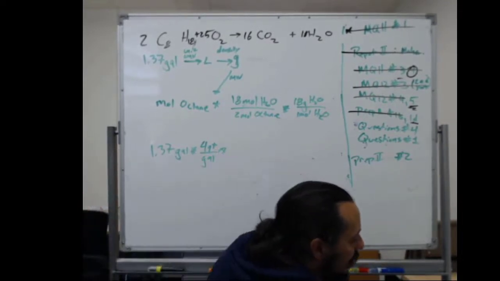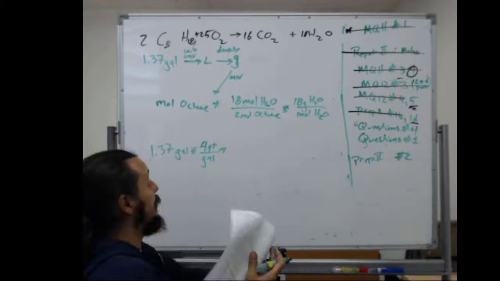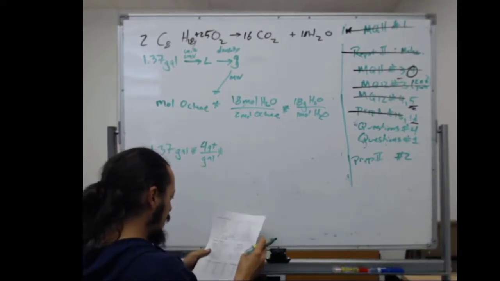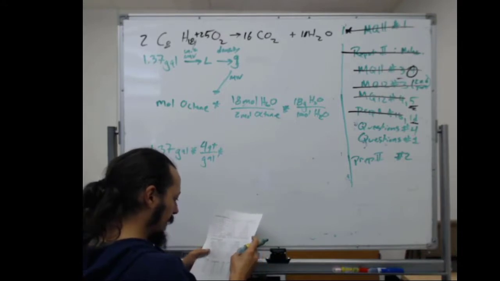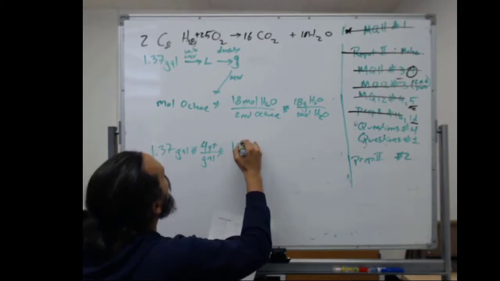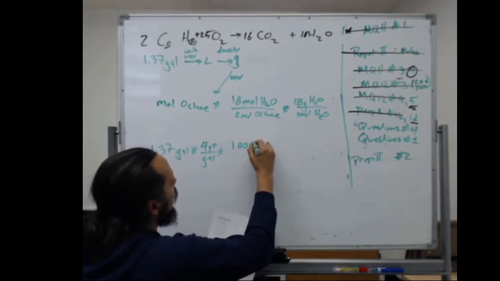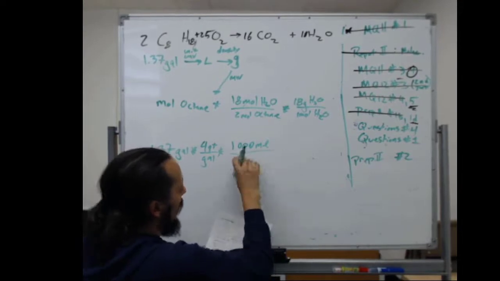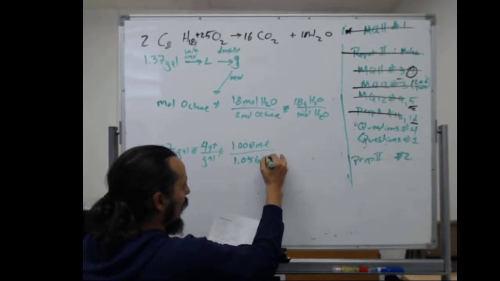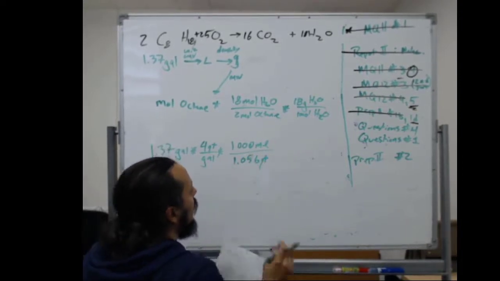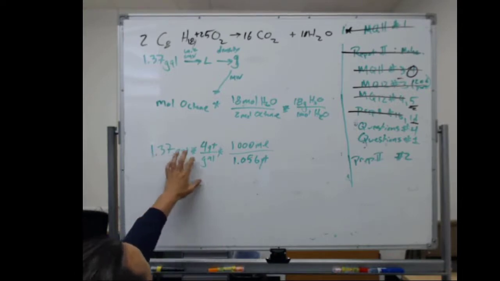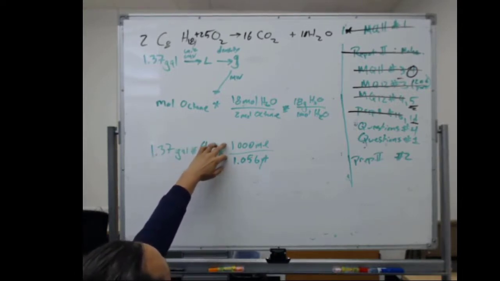I need the equation sheet for this one. I'm going to put it in milliliters because that's what the density is in: 1,000 milliliters for every 1.056 quarts. That should get us from gallons to quarts to milliliters.